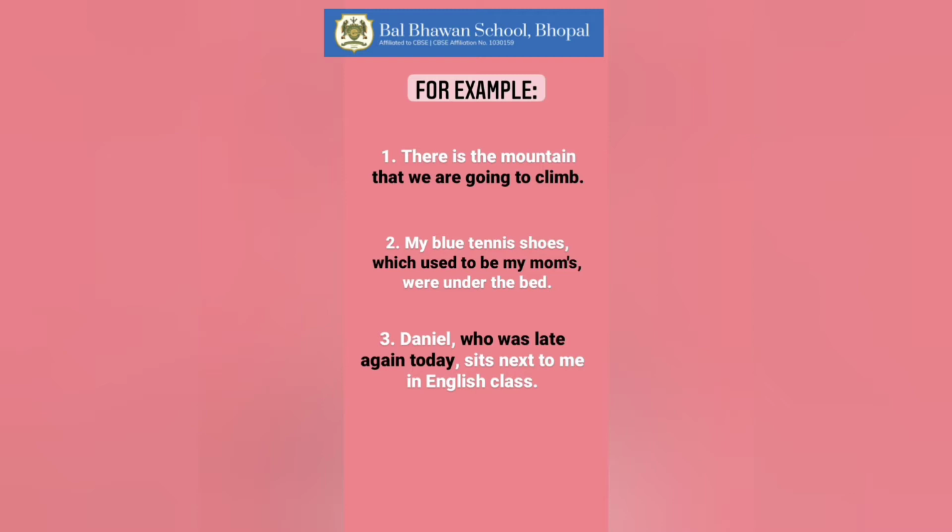In the third sentence, Daniel, who was late again today, sits next to me in English class. So here we are talking about the noun Daniel. In this sentence, the adjective clause you can identify is who was late again today.